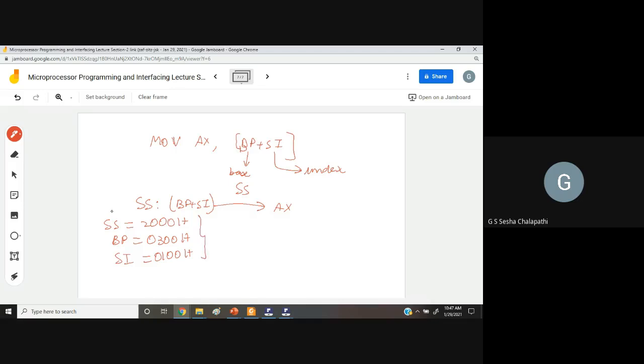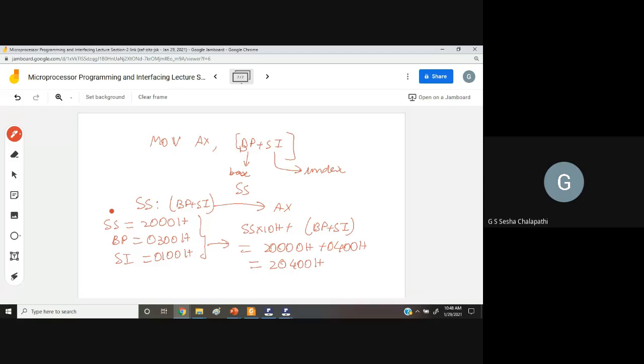The address location will be SS into 10H plus BP plus SI, which will become 20000H plus 0400H, so that will become 20400H.